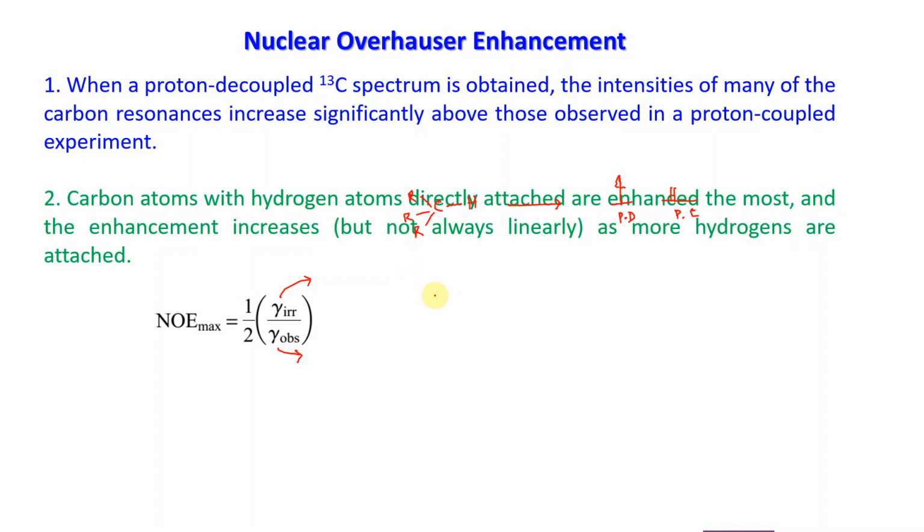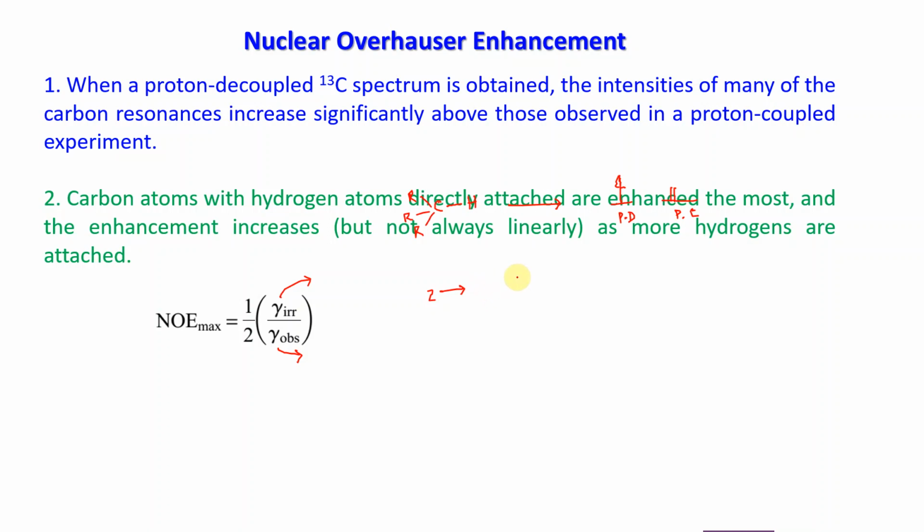There are two sources of irradiation, one particularly for the proton and another for carbon. Now these two irradiations will be done in such a way that the proton will be irradiated quickly to make it go to the saturation point.